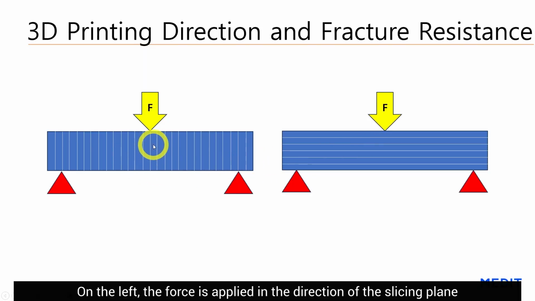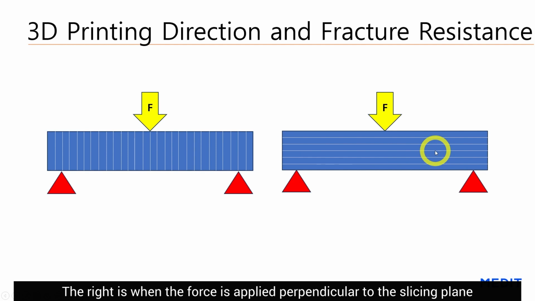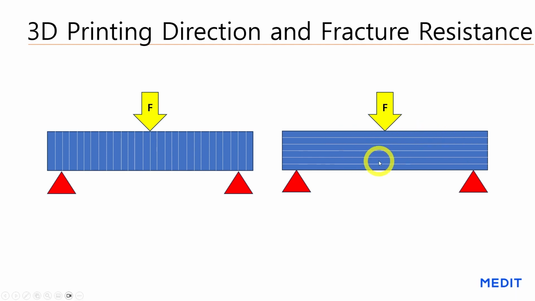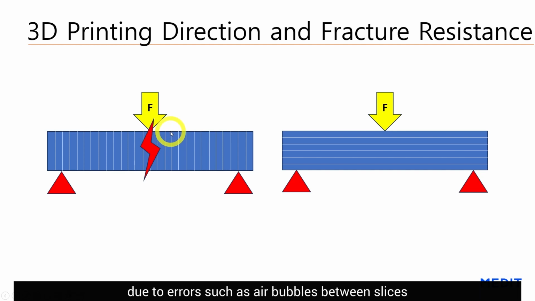On the left, the force is applied in the direction of the slicing plane. The right is when the force is applied perpendicular to the slicing plane. Fractures are usually more likely to occur in the direction of the slicing plane due to errors such as air bubbles between slices.